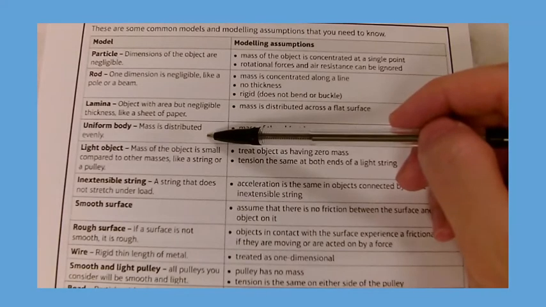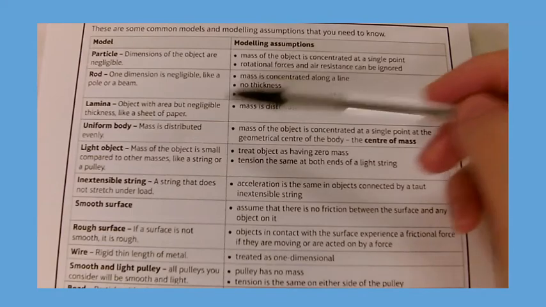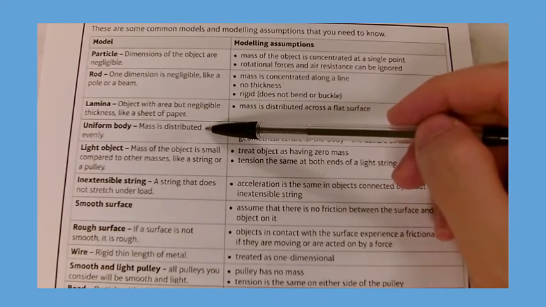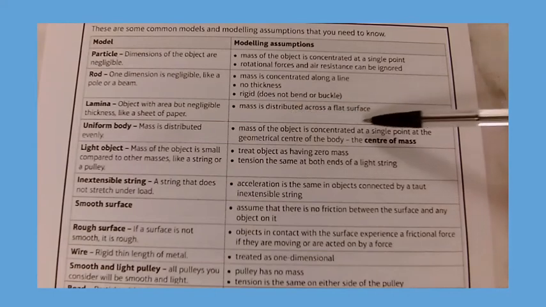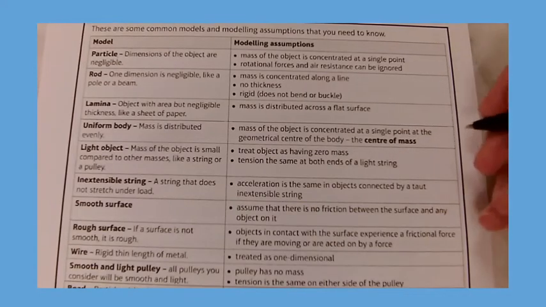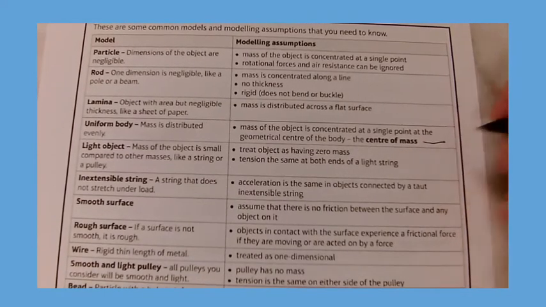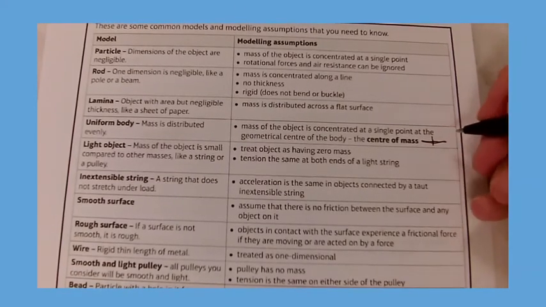If you ever see that in a mechanics question, then we assume that the mass is distributed evenly, and the mass of the object is concentrated at a single point, the geometrical center of the body, the center of mass. So if I have a uniform body 2 meters long, it could be a ruler, I'm going to assume the center of mass is bang in the middle of that ruler.